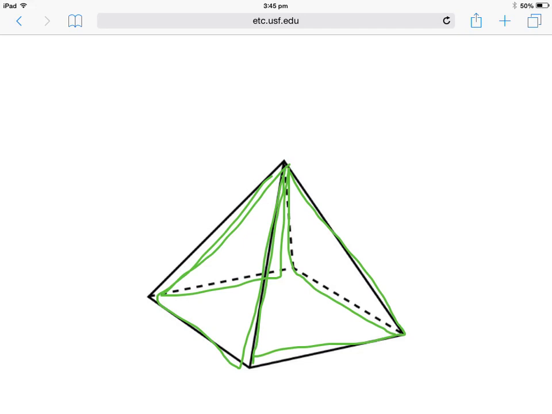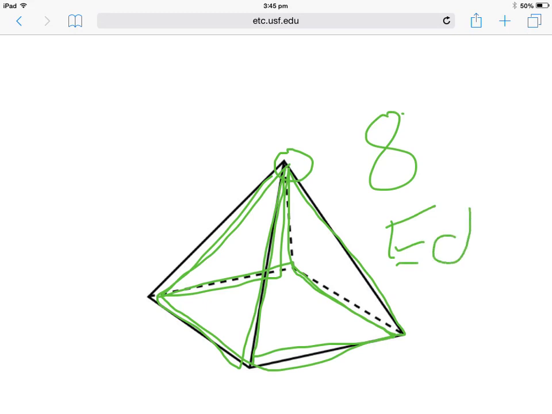What makes it a square-based pyramid? Yeah, you've guessed it. It has a square on the base. So there are the features of a square-based pyramid. It has one vertex up the top and it has 8 edges. Can you count all the corners and see how many there are?